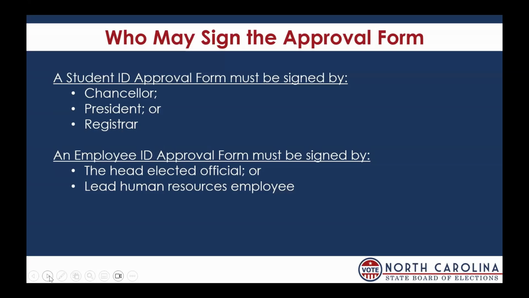So you may need different individuals to sign each form. But for a student ID approval form, the form must be signed by the chancellor, the president, or the registrar. For an employee ID form, the form must be signed by the head elected official for the governmental entity, or by the lead human resources employee.